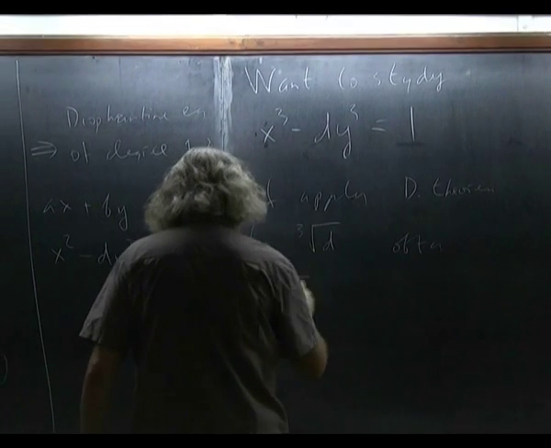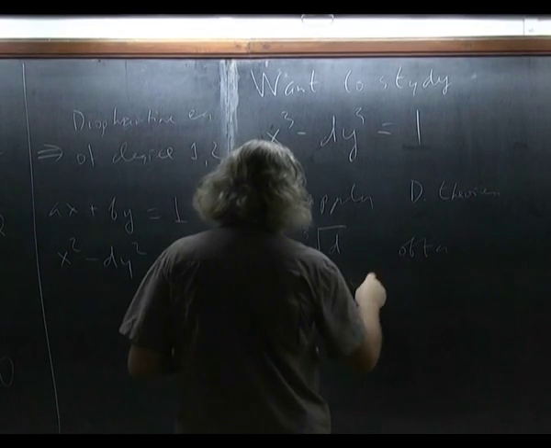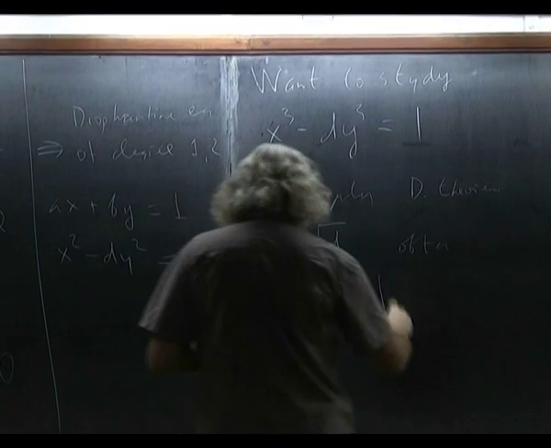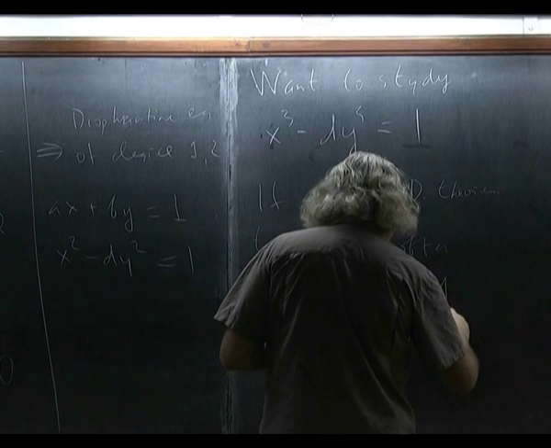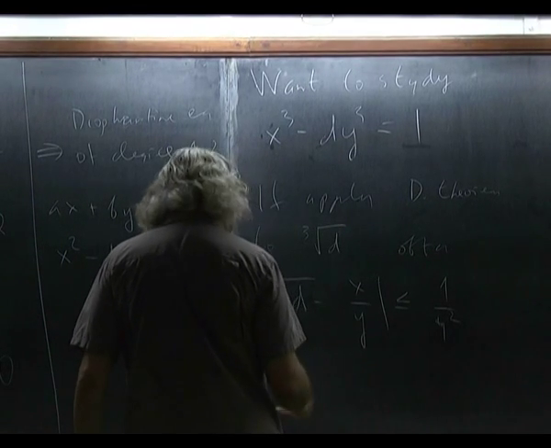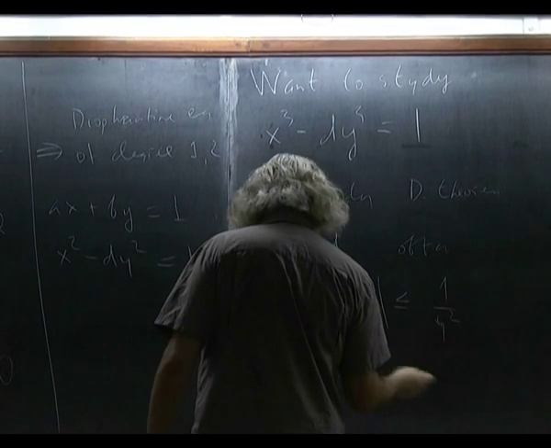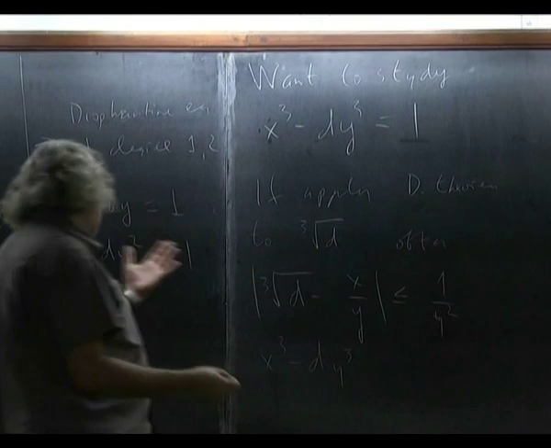We obtain that the cubic root of d minus x over y is smaller than 1 over y squared.